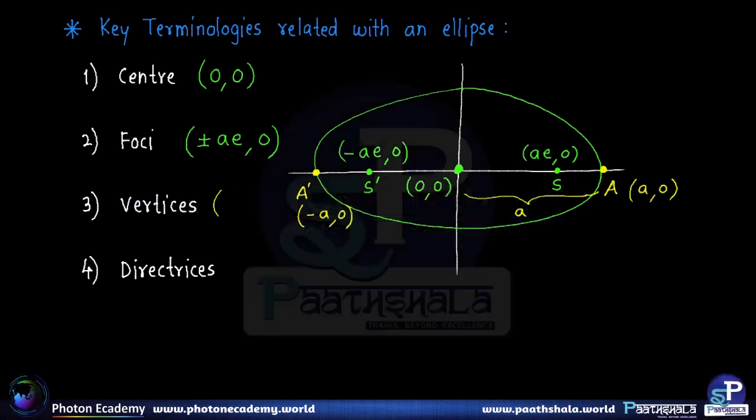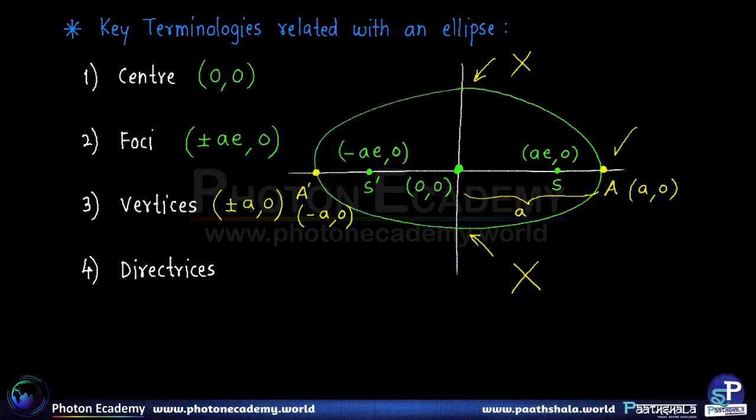So together we can write the vertices as plus or minus A, 0. Remember that the other two extremities are not called the vertices. The vertices are only those extremities which are present on the same axis where the foci are lying. So that's the easy way to remember which are the vertices of the given ellipse.